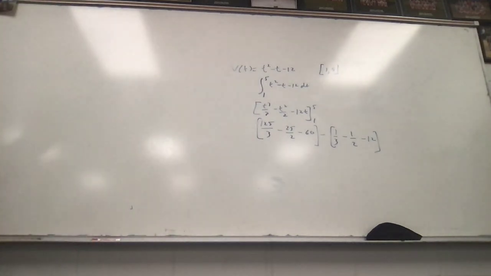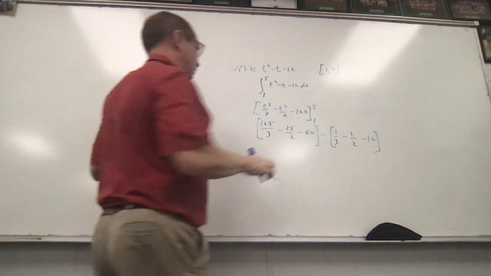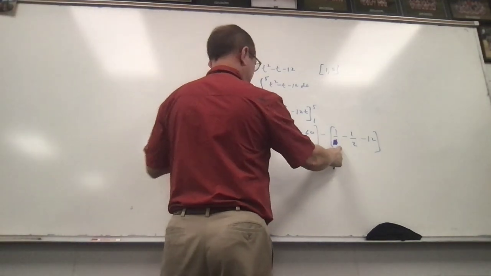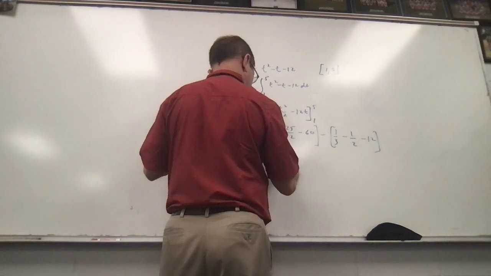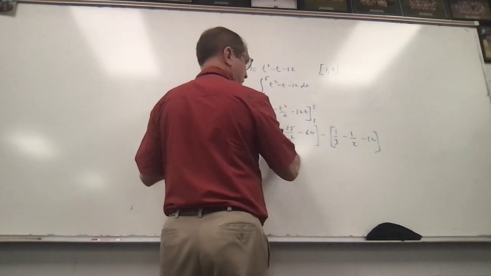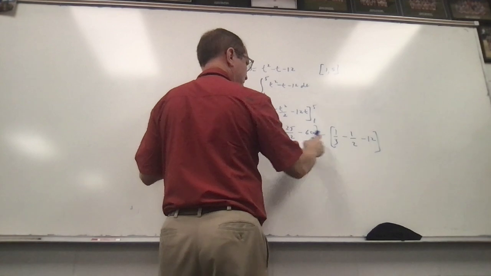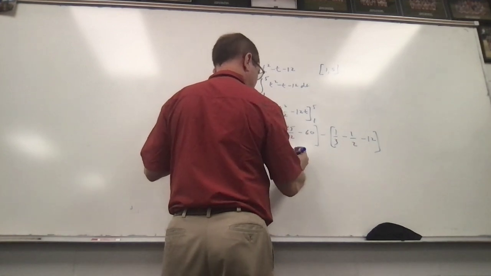Are we still okay? Okay, so 125 over 3 minus 1 over 3 is 124 over 3. Negative 25 halves plus 1/2 would be negative 24 halves, which is minus 12.